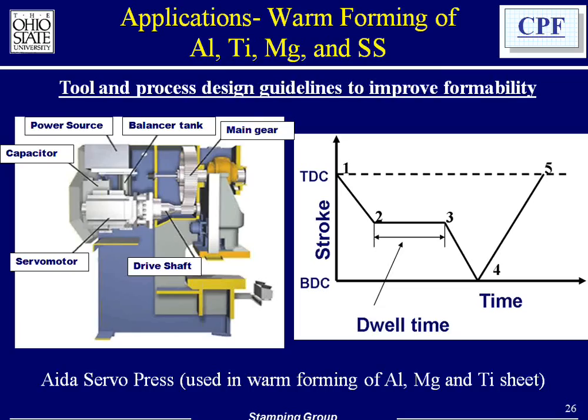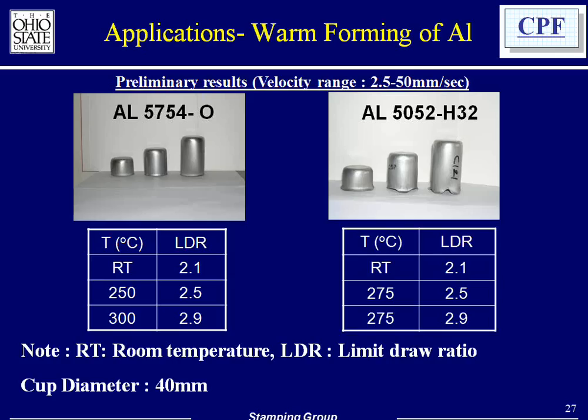Now, slide 26, we have seen it before, and I have put this here again because I want to show you some of the work we have done very briefly on warm forming of aluminum, titanium, magnesium, and stainless steel. In slide 27, you have aluminum alloy 5754.